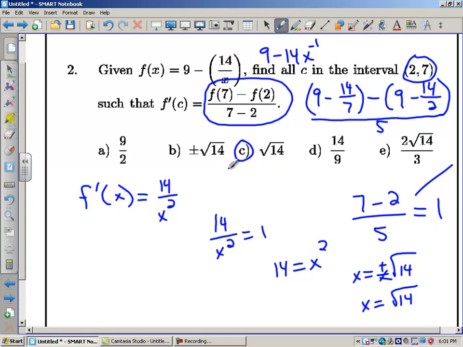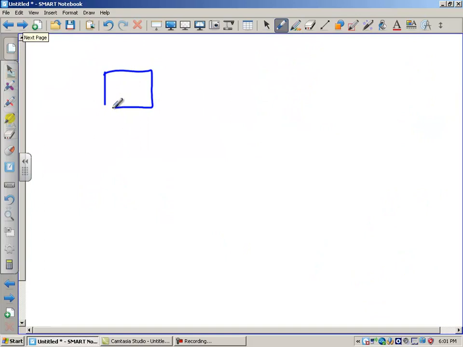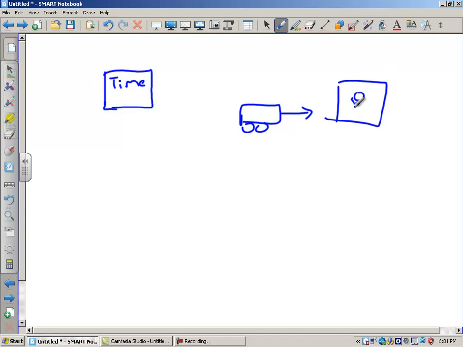Now I'm going to leave you with one last question, something to think about. Whenever I went to college, we had toll roads, and on these toll roads, we would get a little stamped ticket. Let me draw you a picture. A little stamped ticket, and you would have the time that I entered on that stamped ticket. And then when my little car would pull up to the little toll booth, there was this person inside the little toll booth that wanted my money.